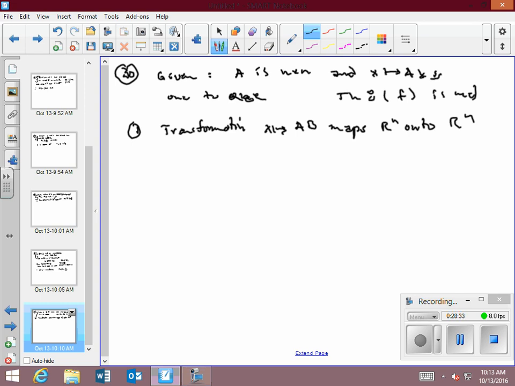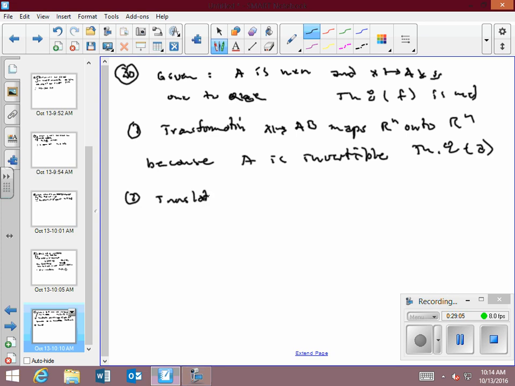Now, because A is invertible, that's theorem 8A, then the transformation x maps to AX is invertible.